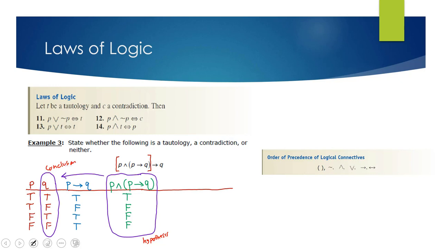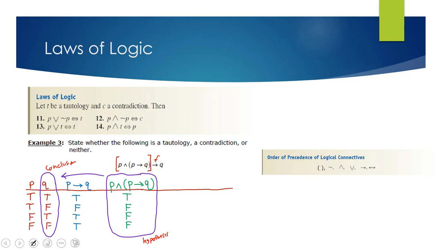Remember that an if-then statement, which is what this thing is here, is only false if the hypothesis is true and the conclusion is false. What I see here is I have the hypothesis being true in only one instance. The Q value is also true at that point in time, so it's true for that.